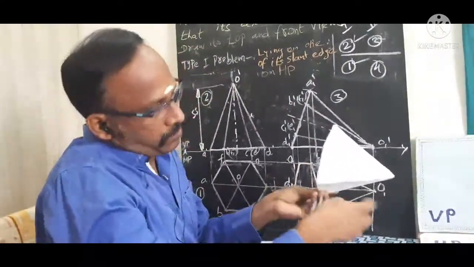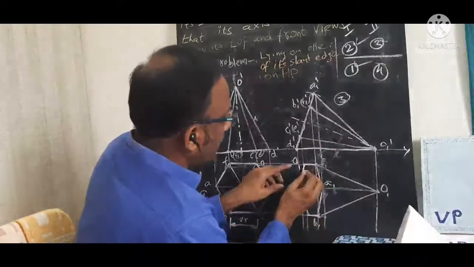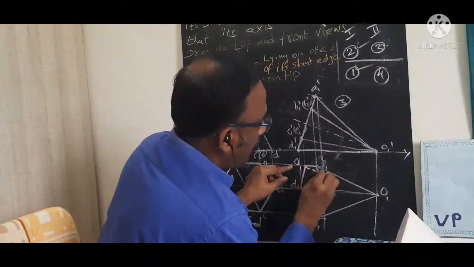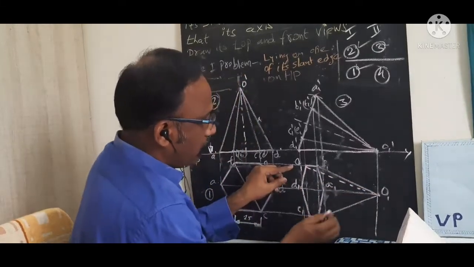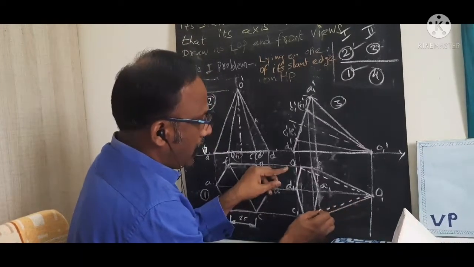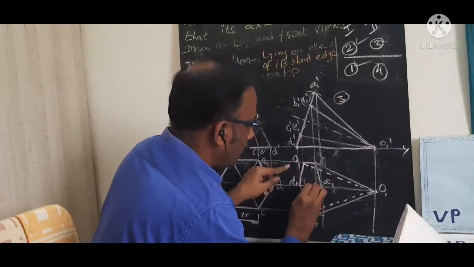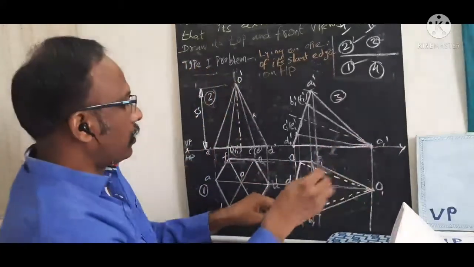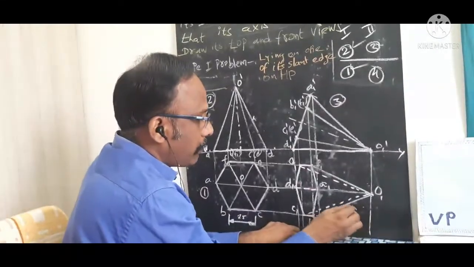These three slant edges are non-visible, so E1 O1 also needs a dotted line, C1 O1 also a dotted line, and O1 D1 line. Up to this distance you need to mark it dotted. This is step number 4.